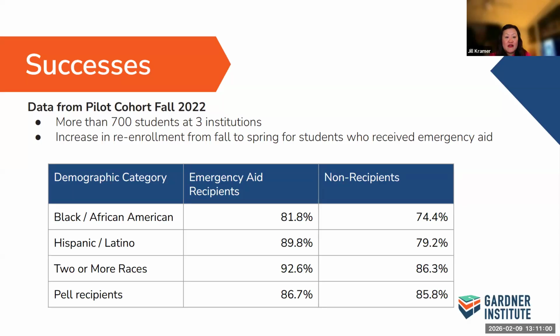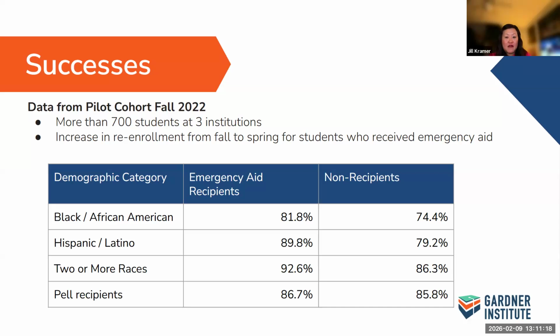So we saw that in this case, out of the 700 students, we had a small liberal arts institution, a large mostly online adult institution, and then we had a regional comprehensive participate in this. So we had a pretty good scope of institutions.